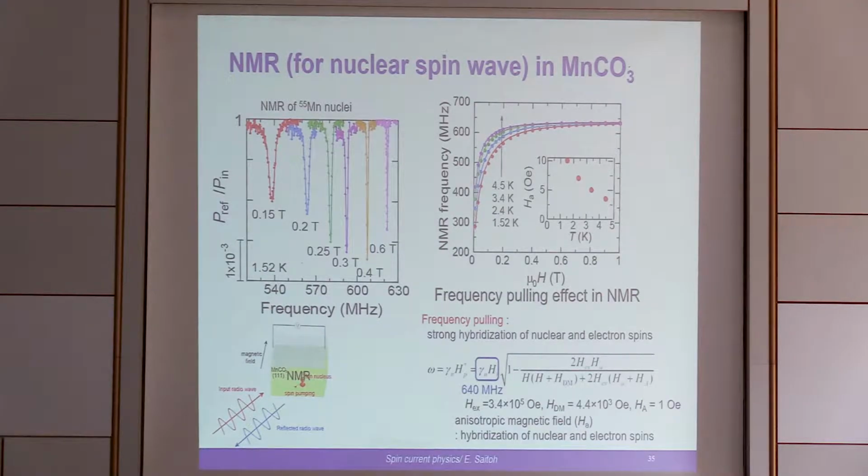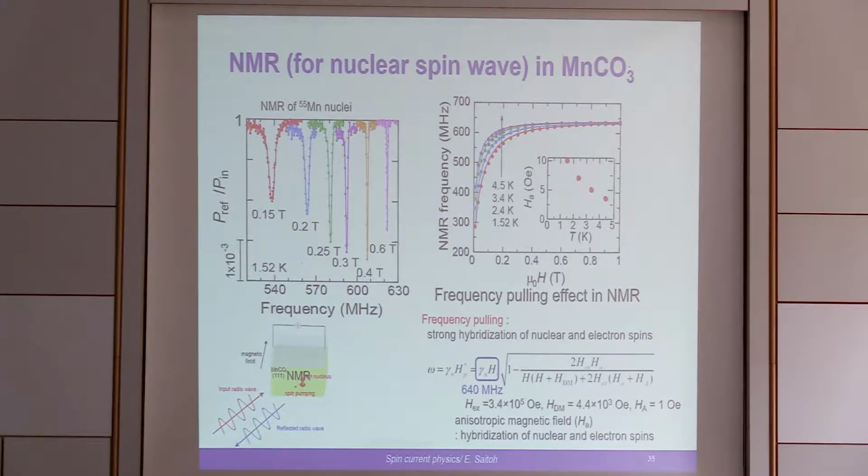It is due to the hyperfine coupling. In fact, the magnetic field dependence of the nuclear magnetic resonance frequency is very consistent with a calculation for the frequency pulling effect in which nuclear spin formation is taken into consideration. And the estimated effective field for the hyperfine coupling is strongly enhanced around 3 Kelvin, which means that the nuclear spin wave is formed around 3 Kelvin.